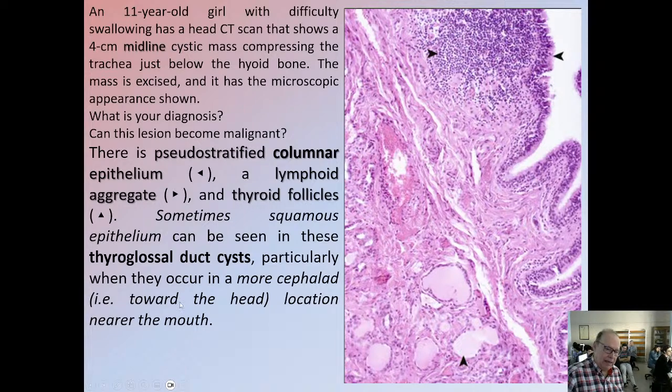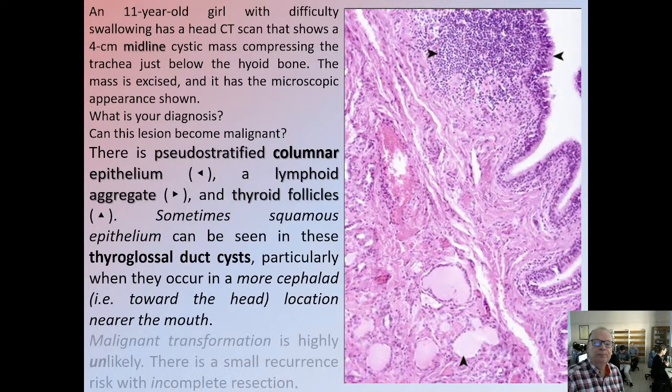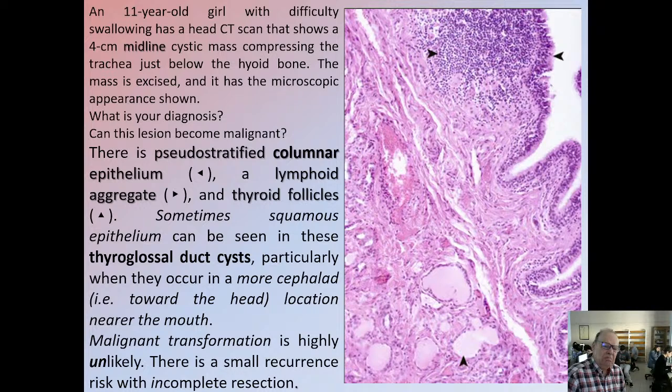It can also be detected in a direction upwards, as you can see here, near the mouth. And for this epithelium to become malignant, it's not so possible. However, there is a small recurrence risk with incomplete resection.